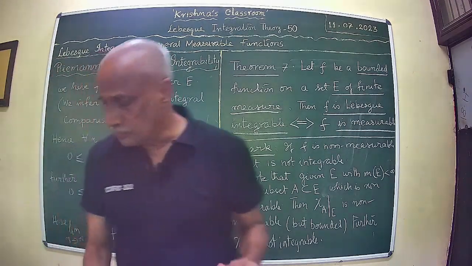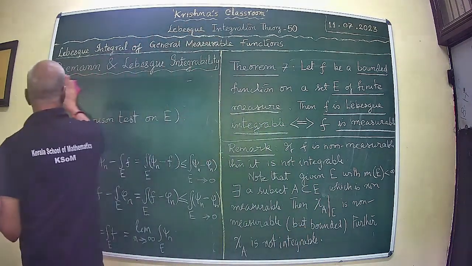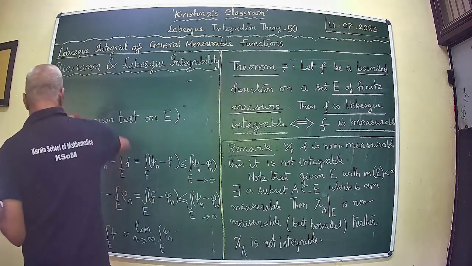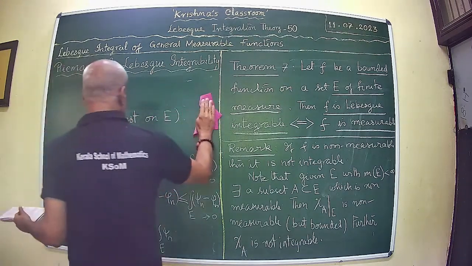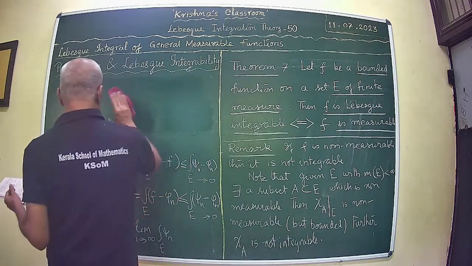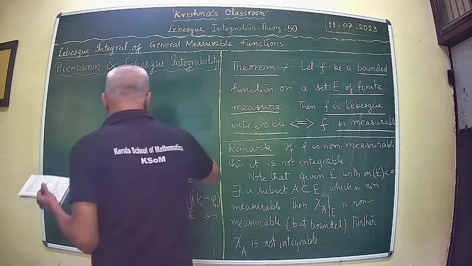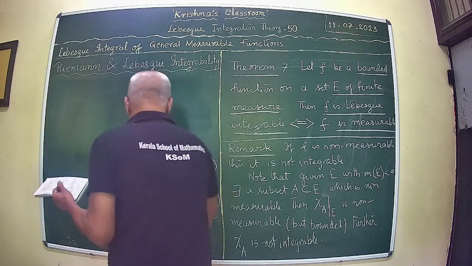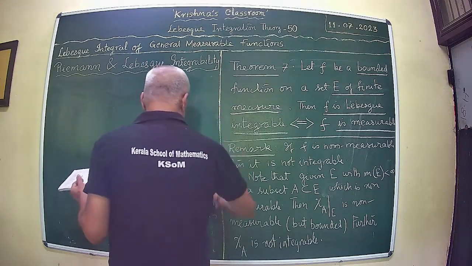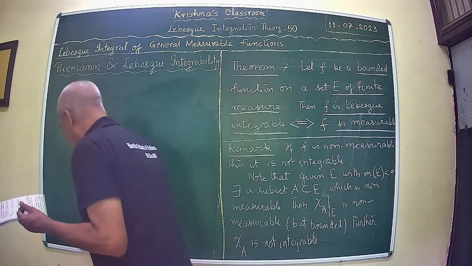So let us prove this result. What this example shows is that there exist functions which are bounded but not necessarily measurable, and therefore not integrable.